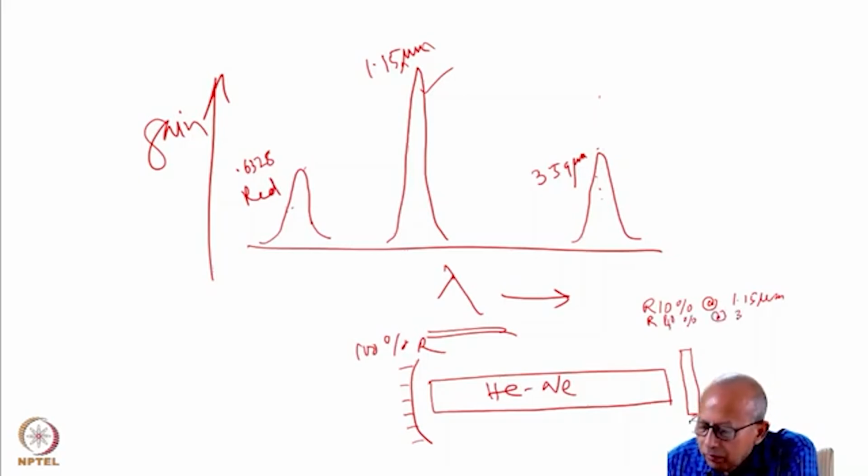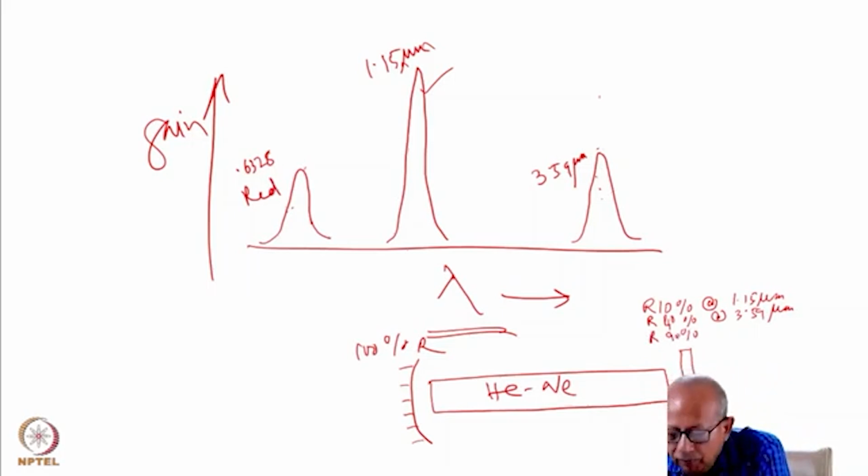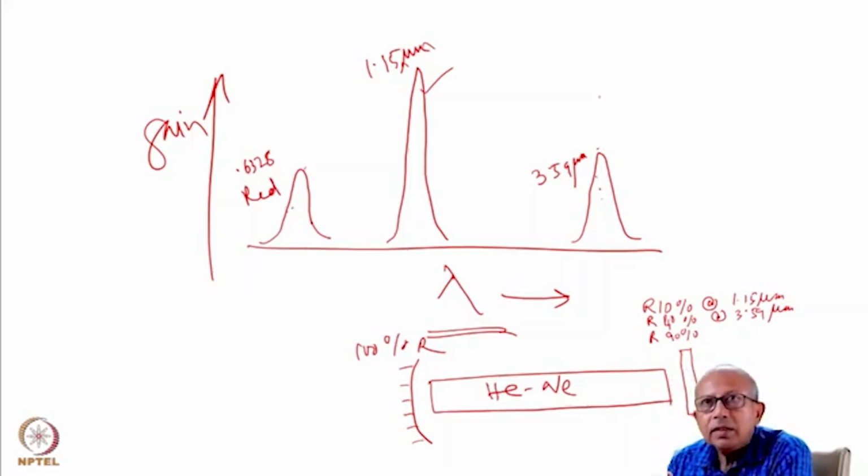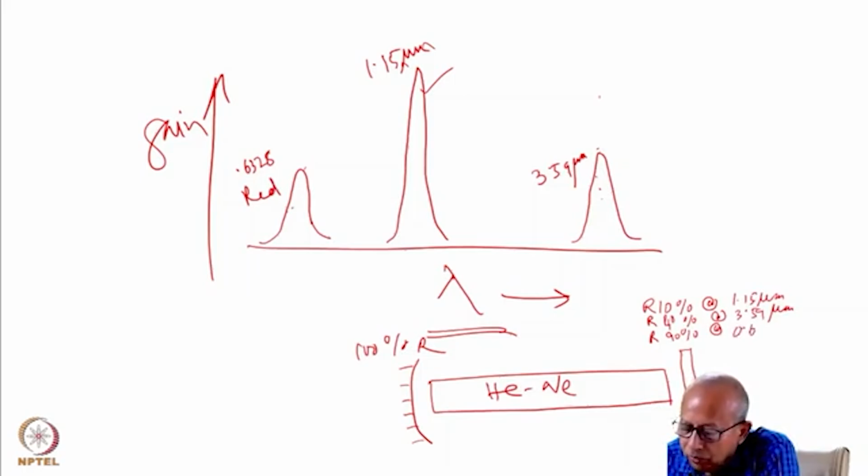And for the transition with the lowest gain, it offers much higher reflectivity, say 90%. These are all very qualitative figures. I am only giving this to make you understand how you can choose different wavelengths by providing selective losses at different wavelengths, at 0.6328 micron.